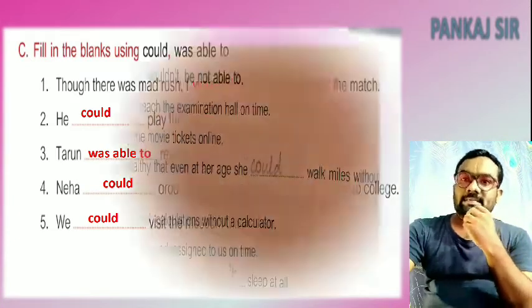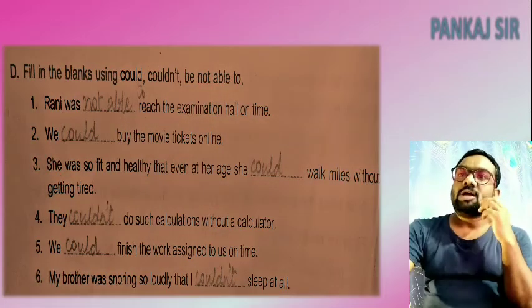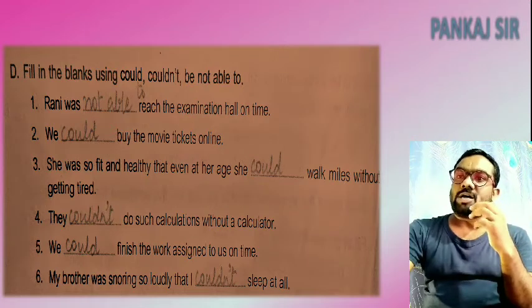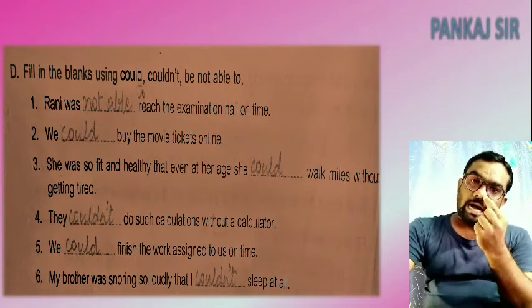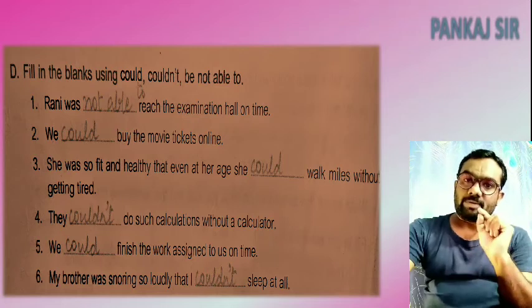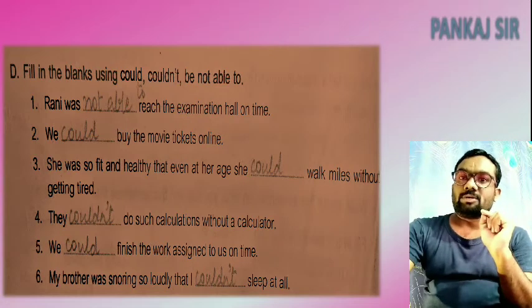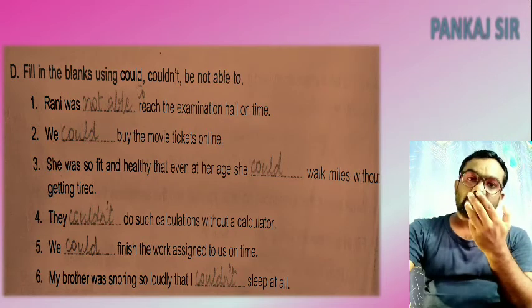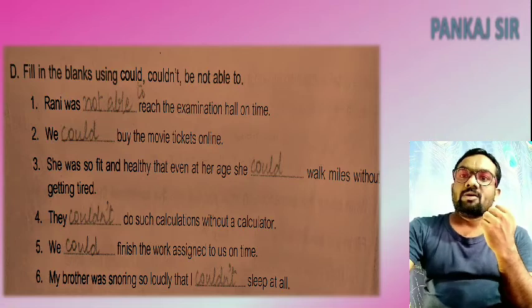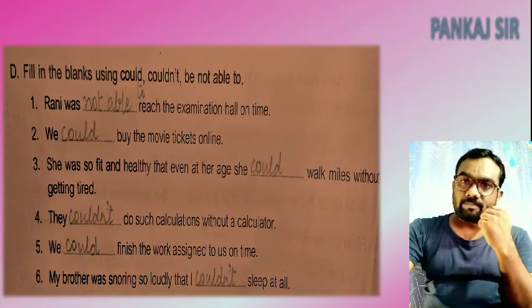Then exercise D, fill in the blanks using could, couldn't, be not able to. Not always comes after the auxiliaries, that we have to remember. First one, Rani was not able to reach the examination hall on time, because the was B form is already given. We could buy the movie tickets online.